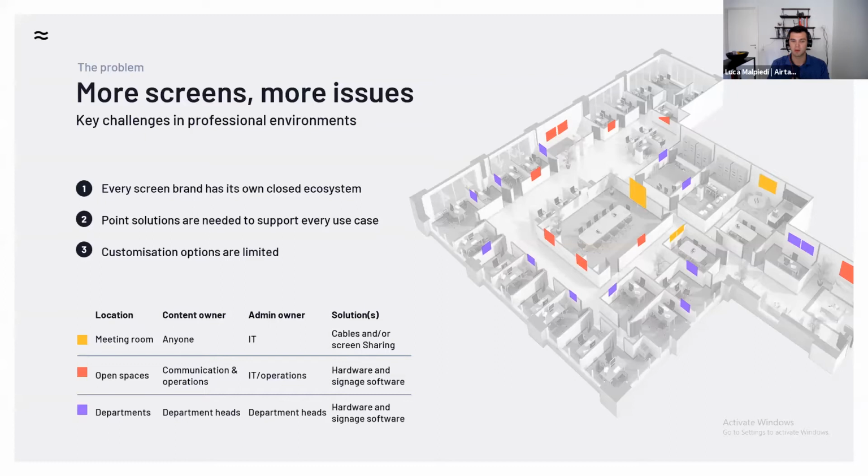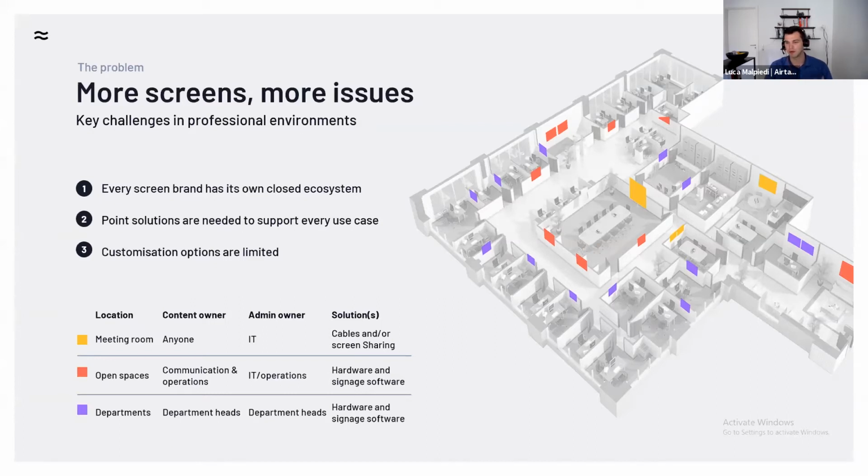Now, we don't only have screens in these locations, we also have screens in lobbies and in departments. There you might be using a third or fourth solution, such as a mini Chromebit of some sort, and that Chromebit could be hosting some sort of dashboard. If it's in the sales department, it could be a dashboard showing sales metrics in the form of diagrams and graphs.